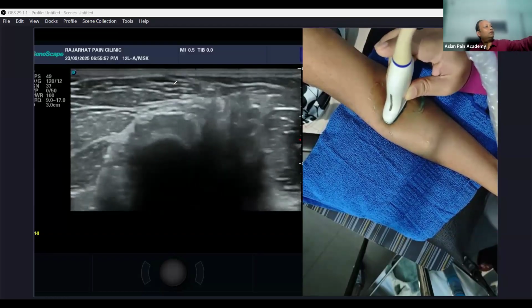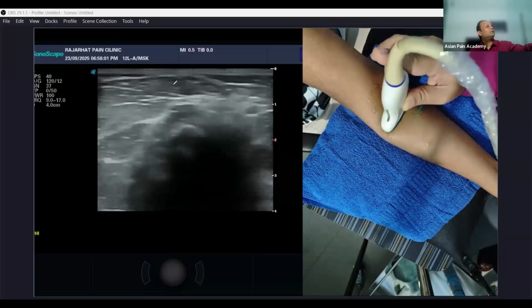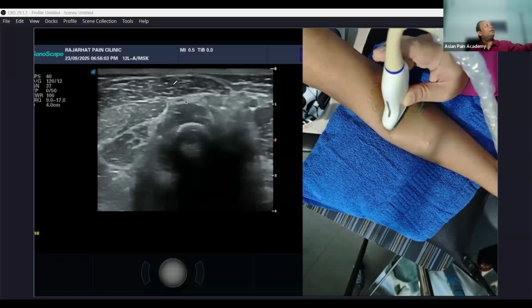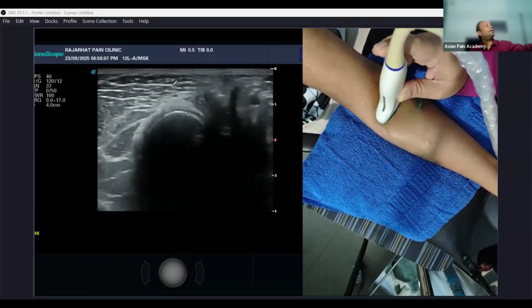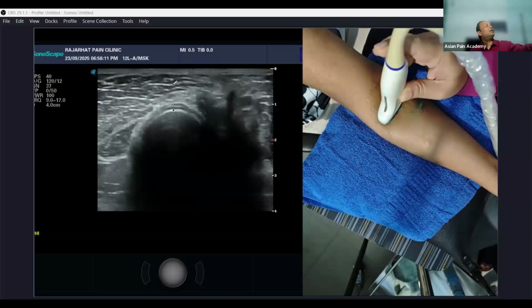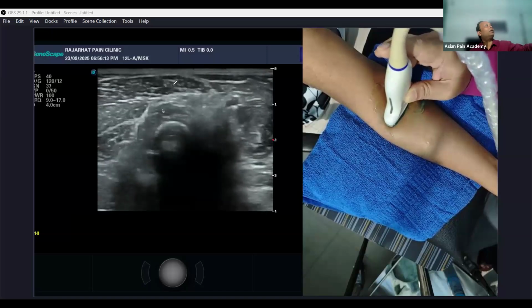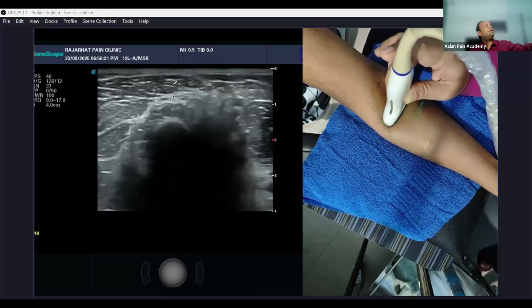So this area is the supinator. Just above the radial head, this is the supinator. So at present, I know that this is the radial nerve and this is the supinator. So it is obvious that this will enter within the supinator.